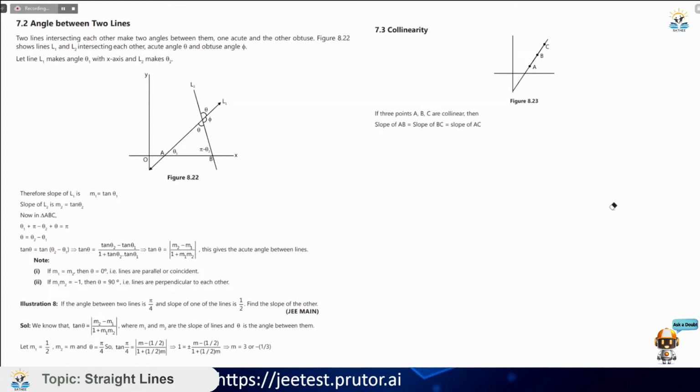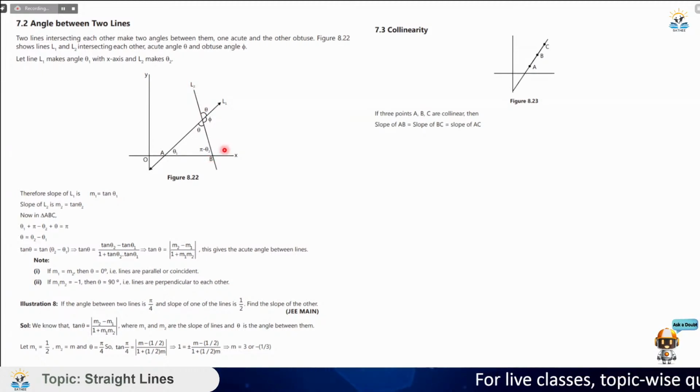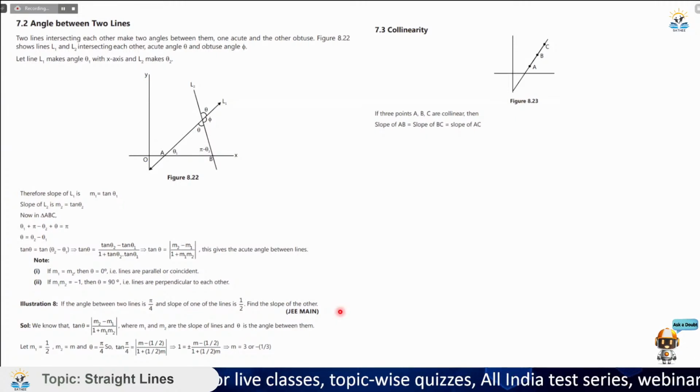এটি ইন্টারসেপ্ট করলে তাহলে যেটা অ্যাঙ্গেল বানবে ওতে theta, ওতে phi will be 180 minus theta. So এই লাইনର slope ଥିବ which is m1, এই লাইনର slope ଥିବ which is m2. Then tan theta will be equal to m2 minus m1 upon 1 plus m1 m2. এটা tan of theta 2 minus theta 1.